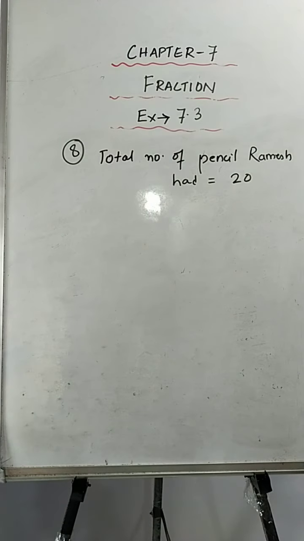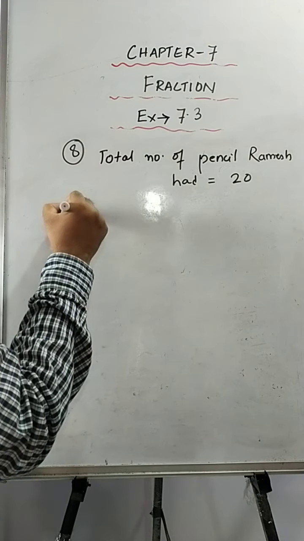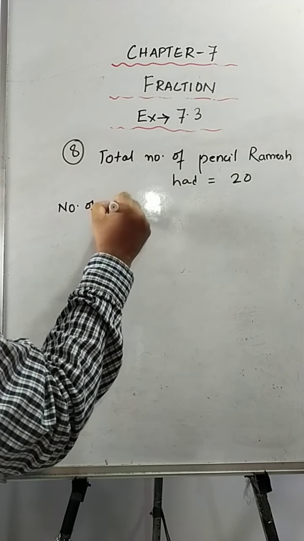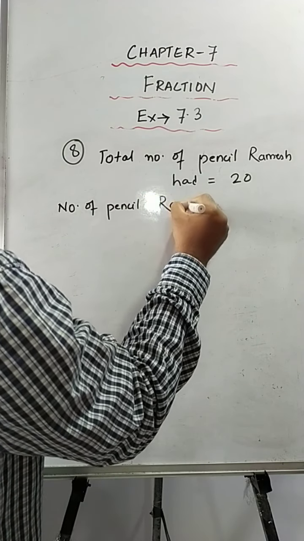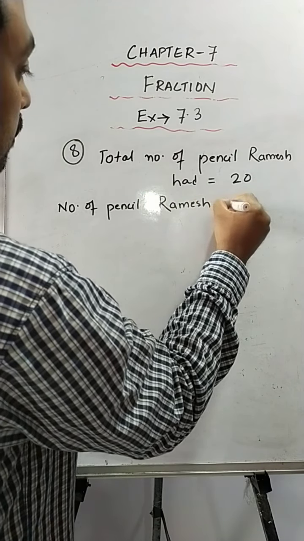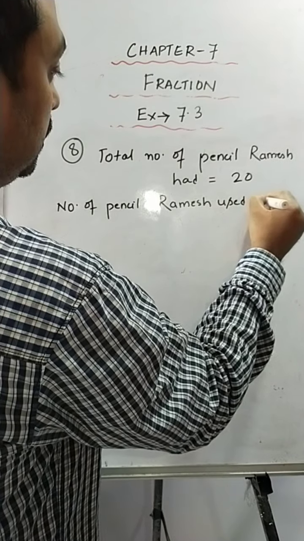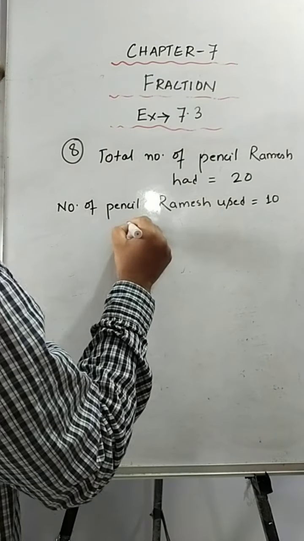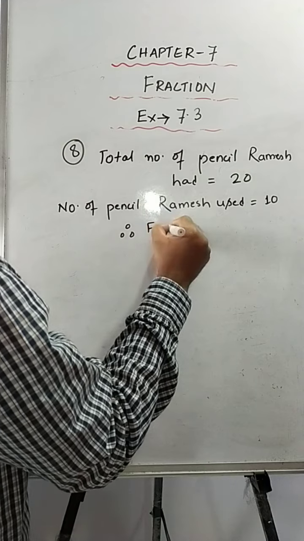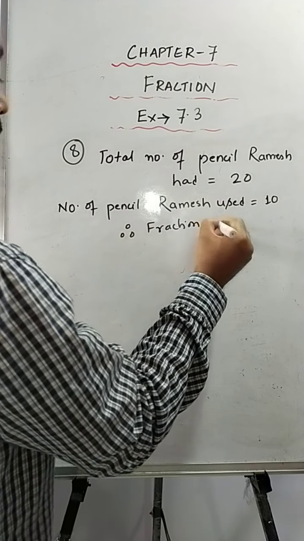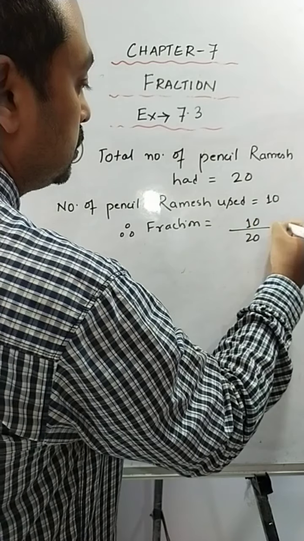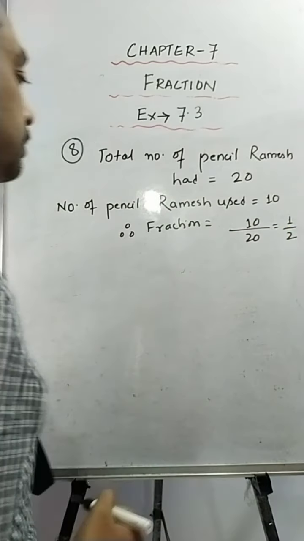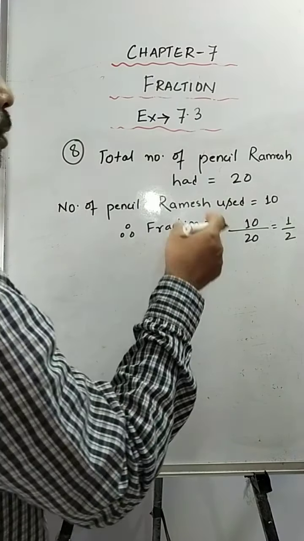The next statement would be the number of pencils Ramesh used. That is 10. So what will the required fraction be? Therefore, the fraction would be, out of 20 pencils, he has used 10 pencils. So the answer is 1 upon 2. Isn't it? Now we'll do the same thing with Shilu.